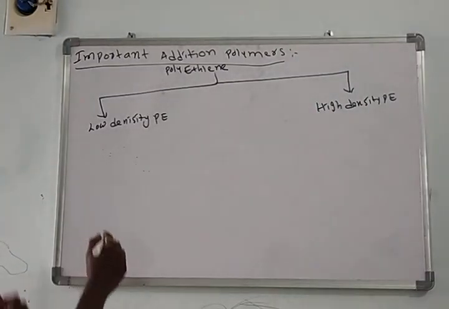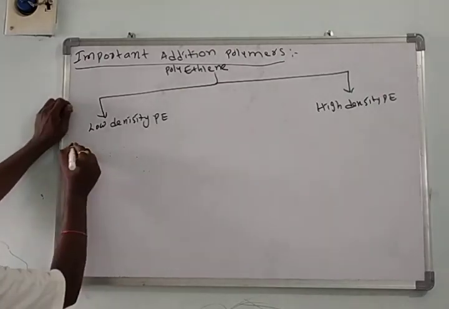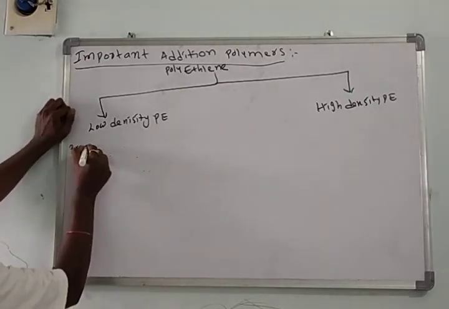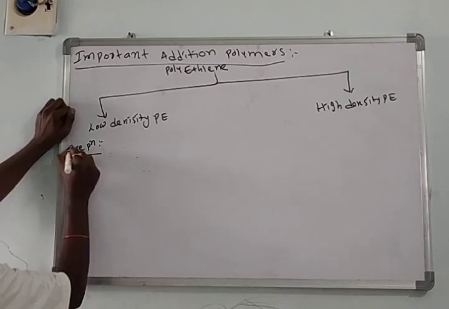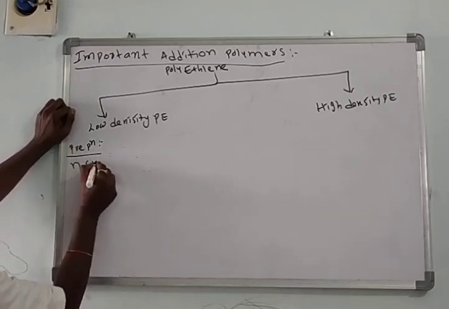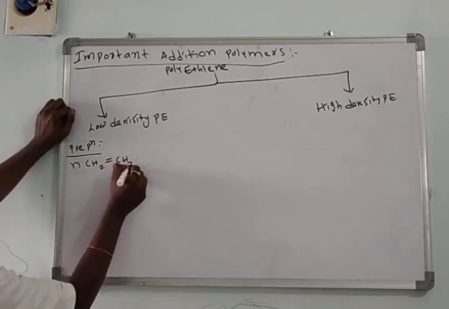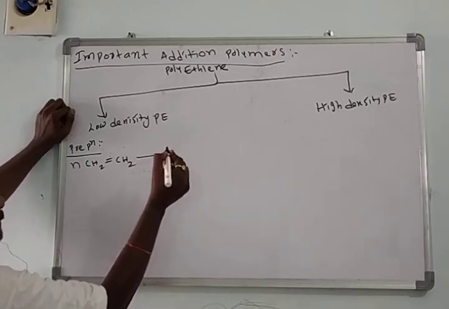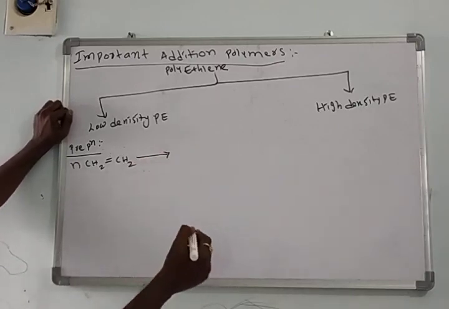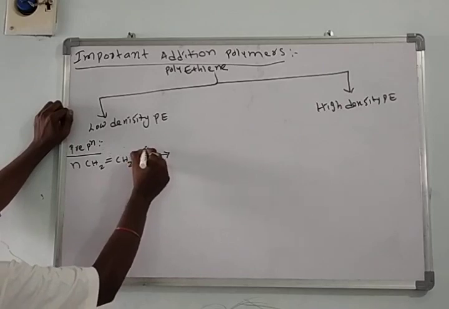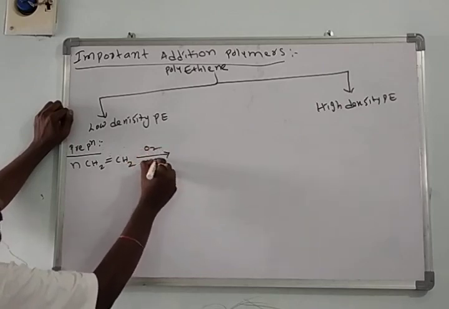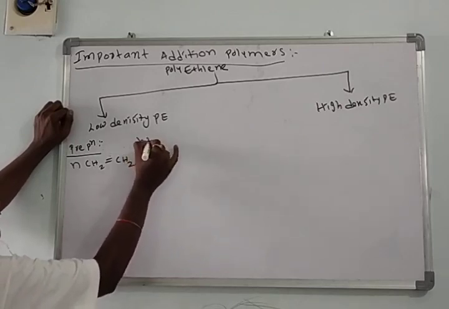Okay, how do we prepare low density polyethylene? This is prepared by the addition polymerization of a number of ethylene molecules in the presence of oxygen or any peroxide, and sunlight.